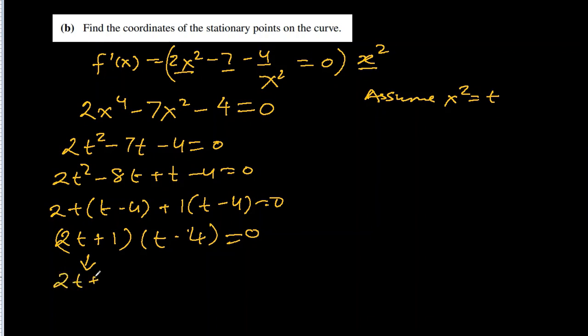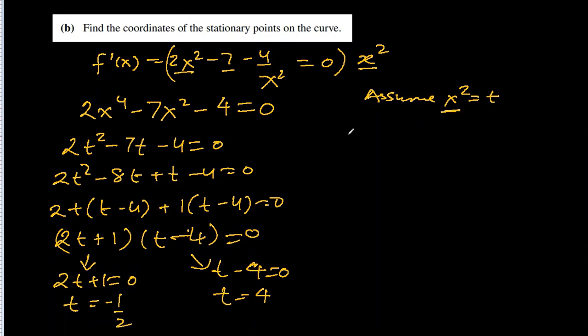So 2t plus 1 is equal to 0. That gives us t equal to minus half. This gives us t minus 4 equal to 0, which is t equal to 4. So our assumption was x squared is t. So when we write these two solutions, it will be x squared equal to minus half and x squared equal to 4.